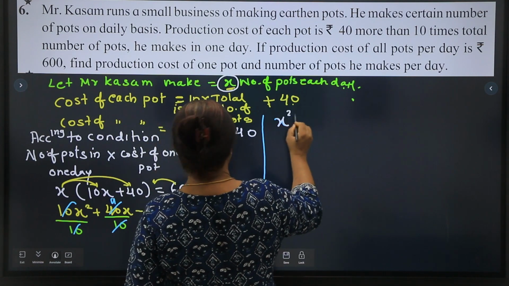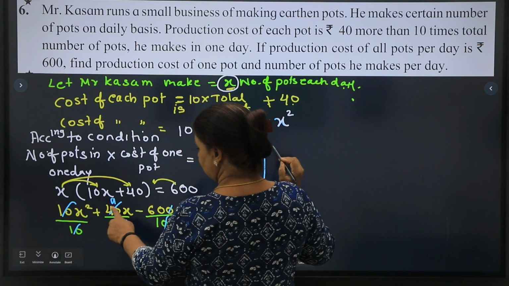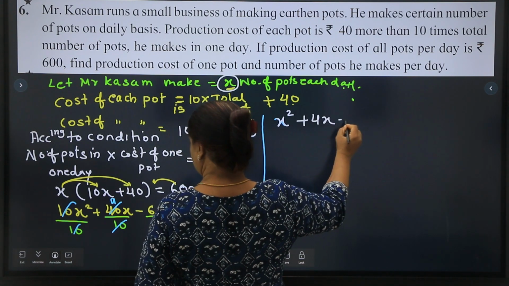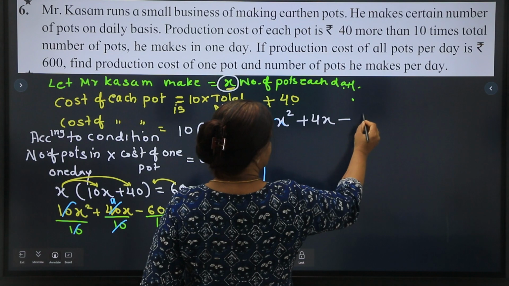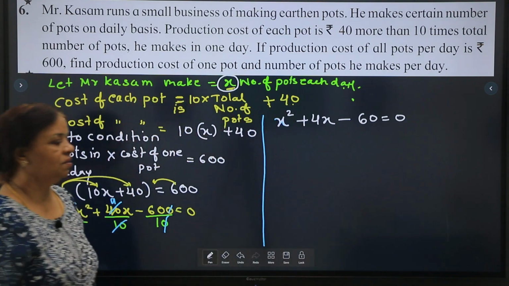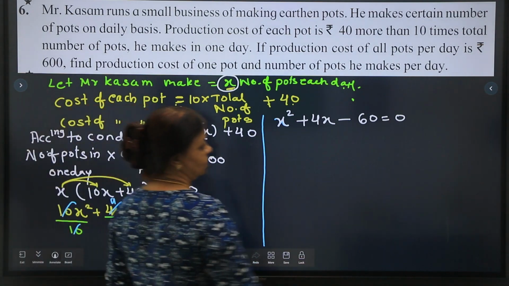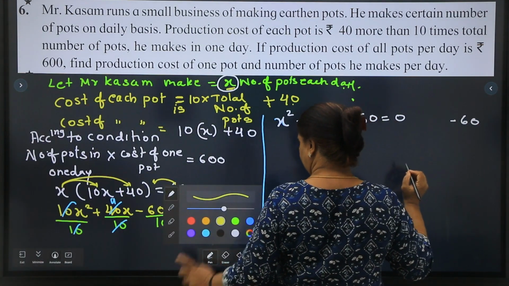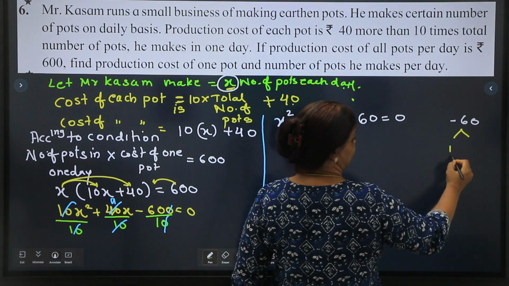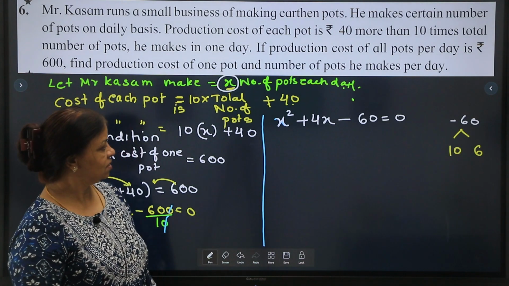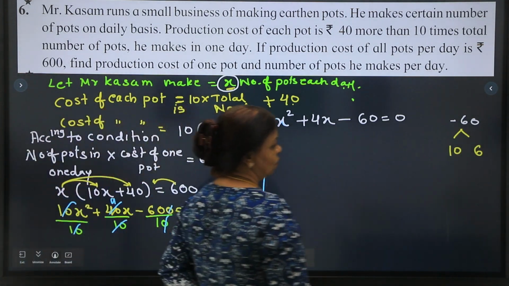So your equation will be x square plus 4x minus 60 is equal to 0. Your last term is minus 60. So bifurcate minus 60, children. 10 6s are 60, but I want minus and here I want plus.